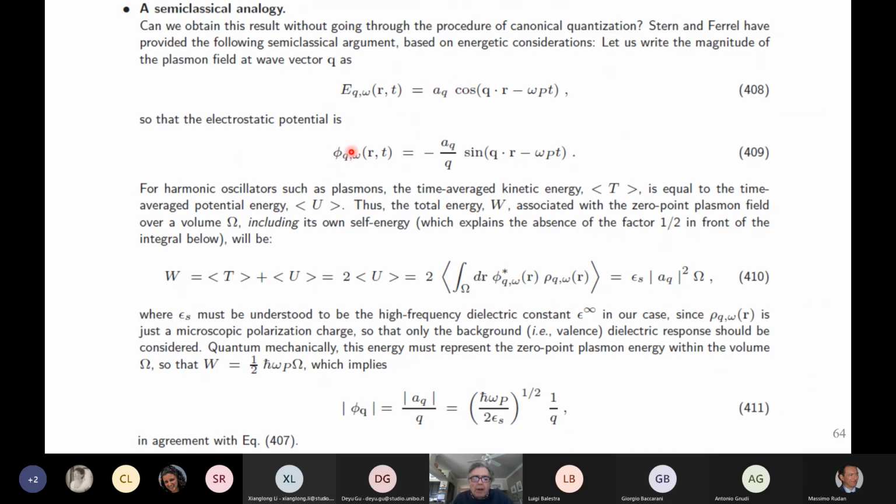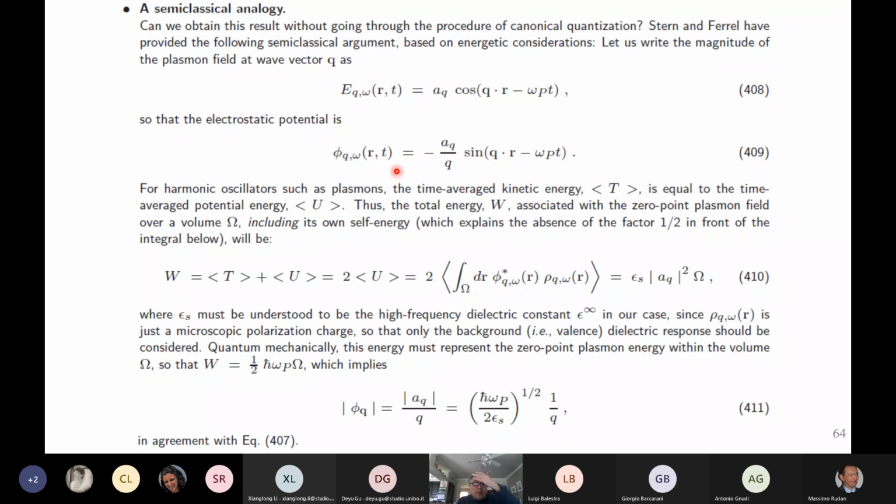And so I can express for each plasmon the potential that is associated with that excitation as a term like this. I have an electric field which is given by some amplitude times a cosine. It's a wave that is propagating. So the potential would be expressed simply by the gradient, or the divergence, of this thing, which is this.